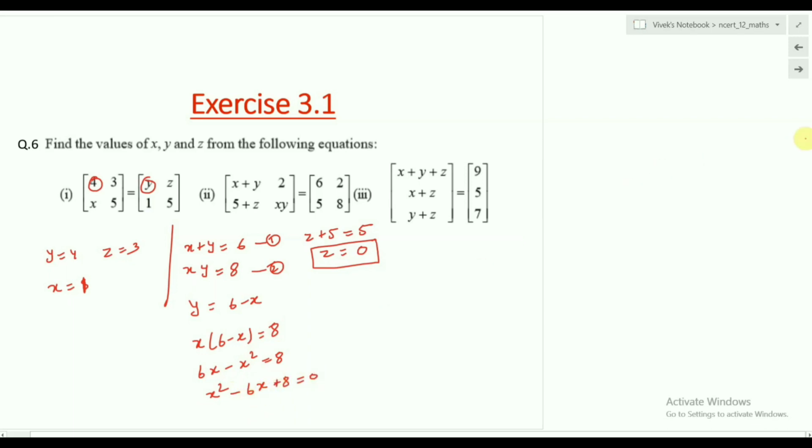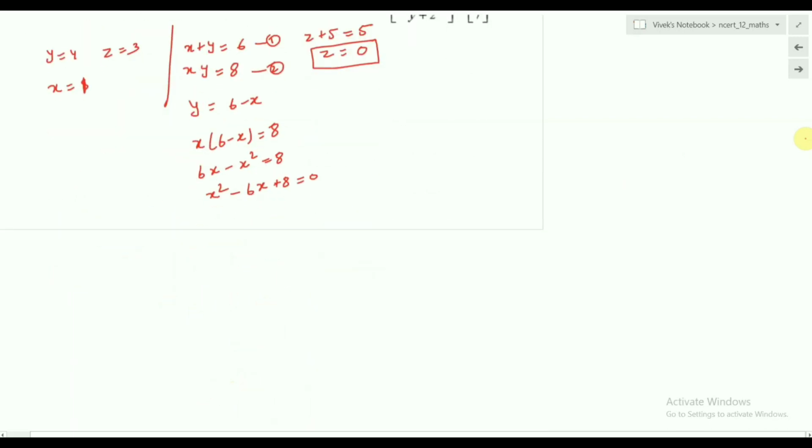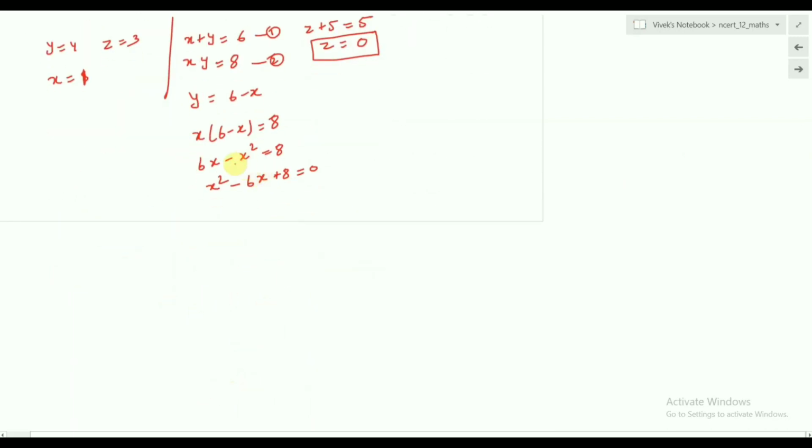If you want to solve this, we can solve. So this 8 we can write as 4 into 2. So this will be x square minus 4x minus 2x plus 8, and this will be 0. So if you take x common, x into x minus 4, minus 2 if you take common, x minus 4.